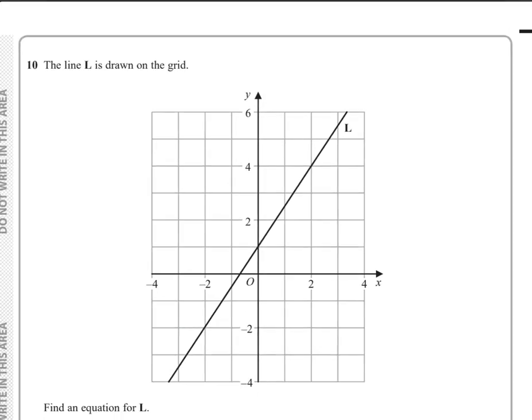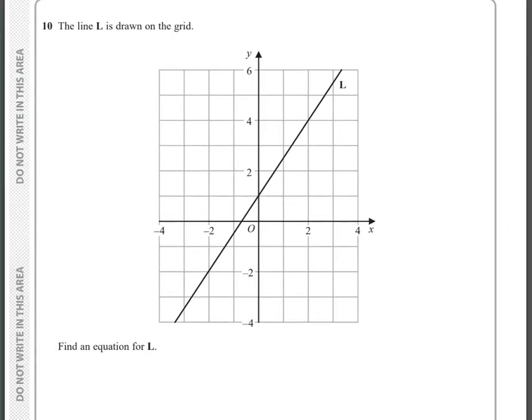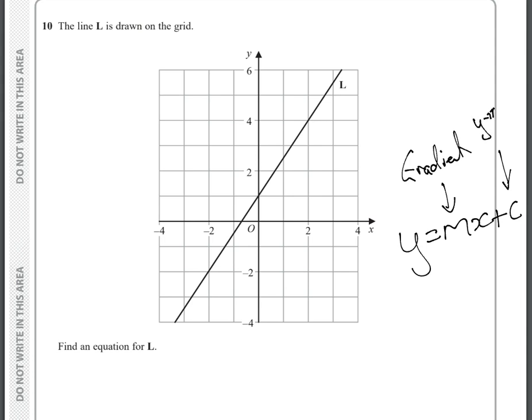Okay, the line is drawn. Find the equation of the line. So, the thing we need to remember, equation of a straight line is y equals mx plus c, where m is the gradient and c is the y-intercept. So the gradient is the rise over the run. So I'm going to go from a point that I've plotted to another point that I can see. So the rise is 3 and the run is 2.